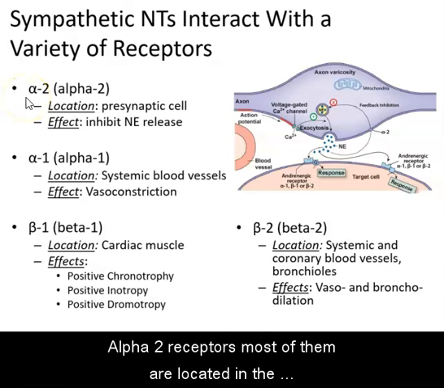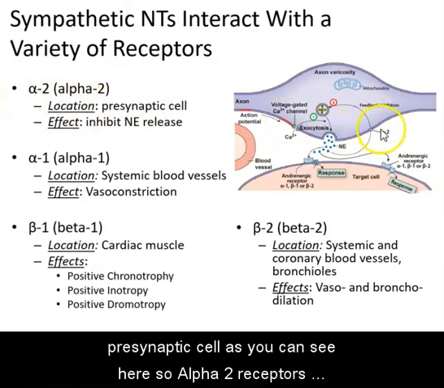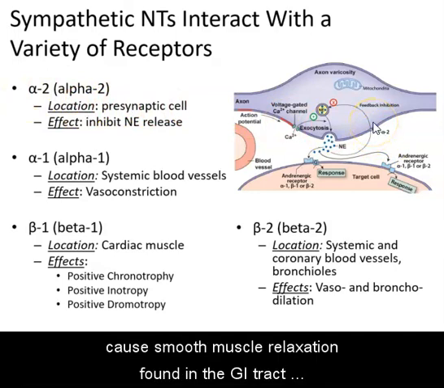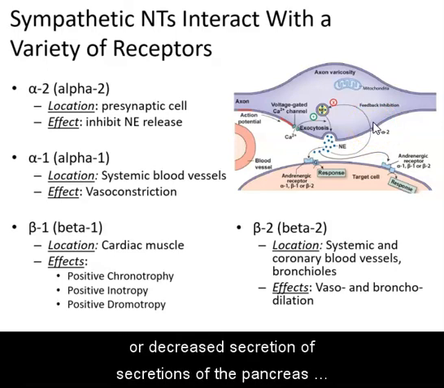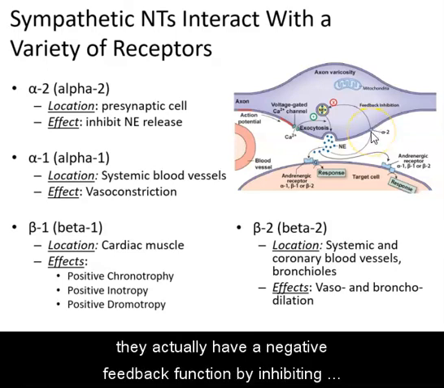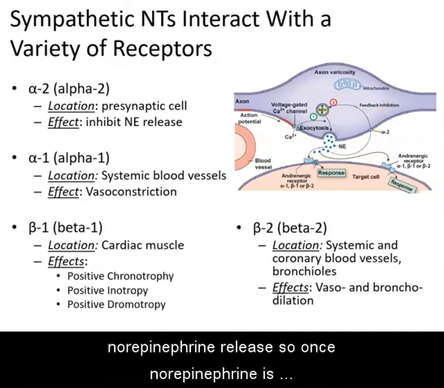Alpha-2 receptors, most of them are located in the presynaptic cell, as you can see here. So alpha-2 receptors cause smooth muscle relaxation found in the GI tract, or decreased secretions of the pancreas. They actually have a negative feedback function by inhibiting norepinephrine release.